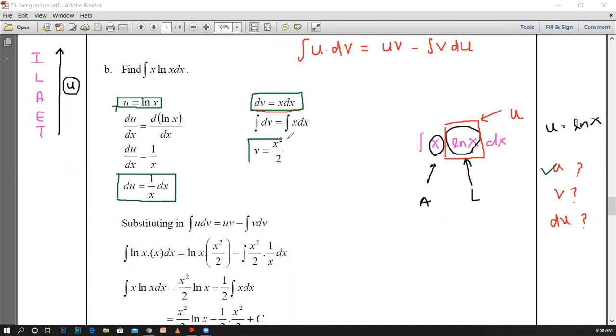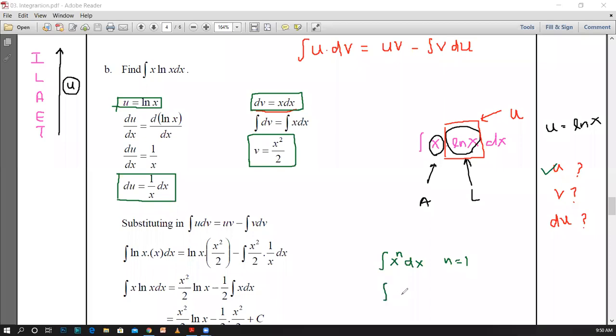To obtain a value for v, we need to integrate both sides of this function. Then the integral of dv is obtained, and here we get the integral of x dx. The integral of x dx is in the form of the integral of x to the power n, where n is equal to 1.